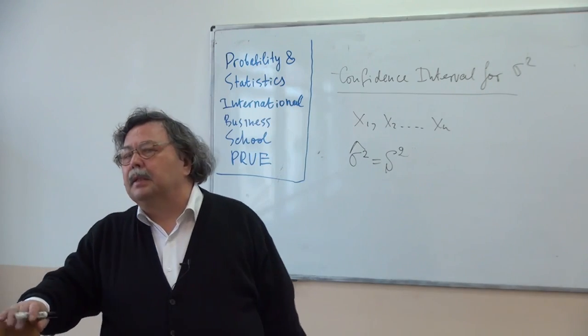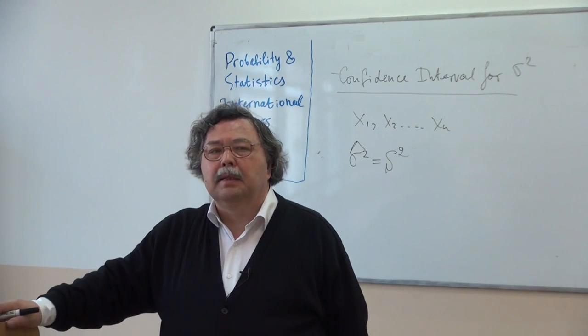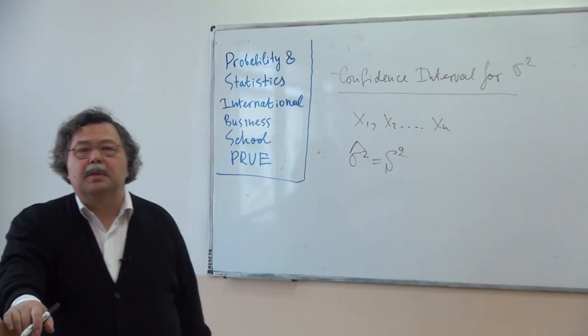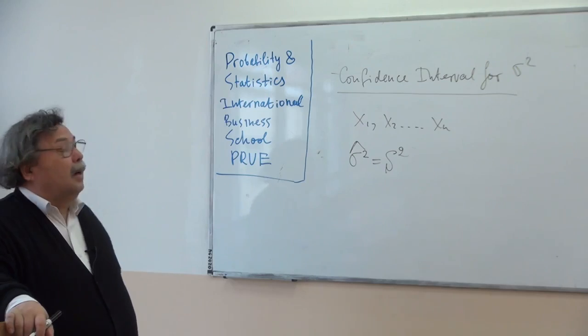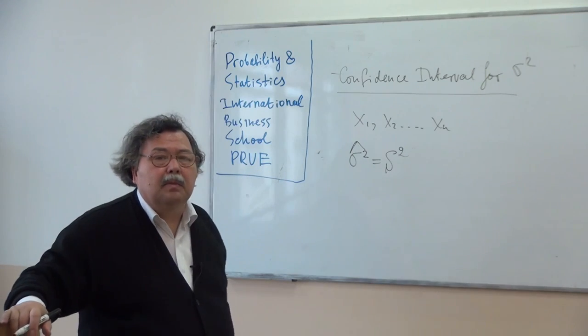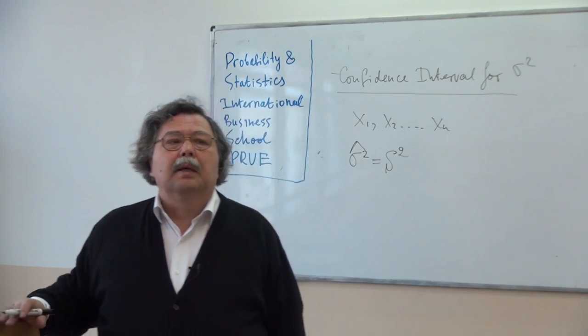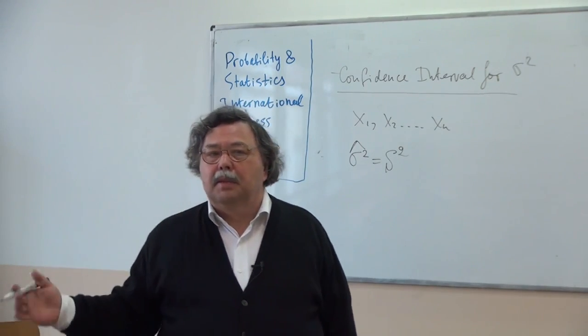I'm not writing it again, I've done it a number of times. So this is the estimator for sigma squared when it's unknown. But by using this estimator, what we get is a point estimate of sigma squared. A point estimate means just one number.